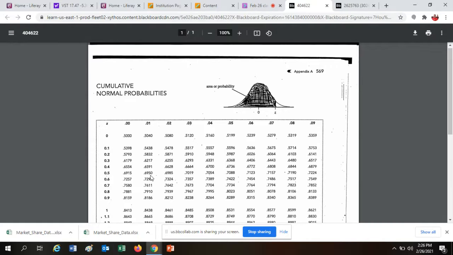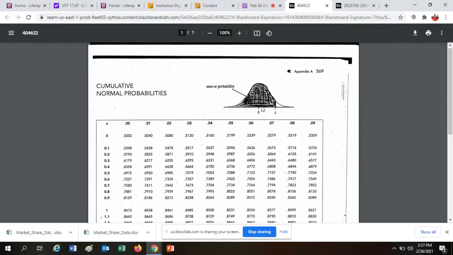Right? From minus infinity to 0.10 would be a different number. If we were looking right here at z being 0.10, this shaded area would be smaller, right?